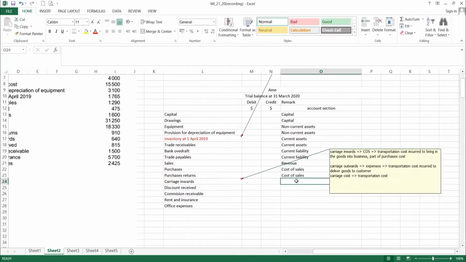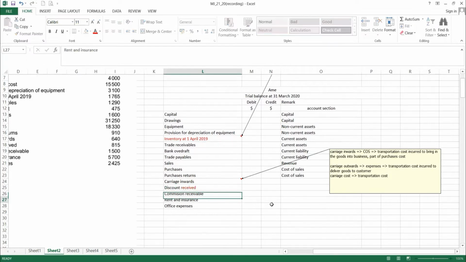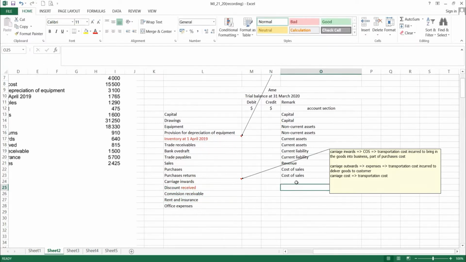Okay, now next, discount received, the word received behind indicates to you it is an income. Discount received, whatever commission received, so long as it has the word received at the back, this is other income, under the section other income.